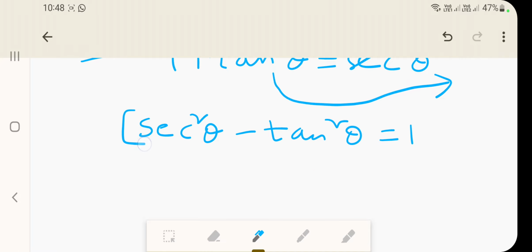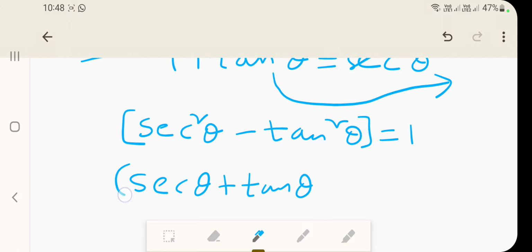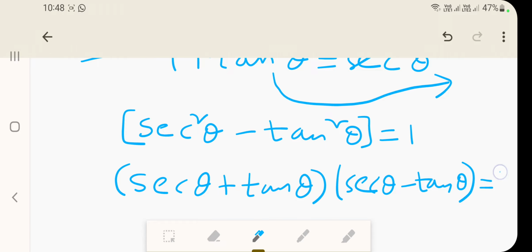Now this secant square theta minus tan square theta is nothing but a square minus b square, that is (a plus b) into (a minus b). So we get (secant theta plus tan theta) into (secant theta minus tan theta) is equal to 1.